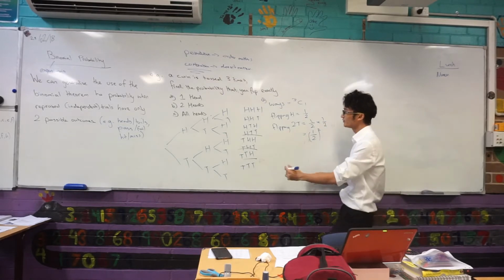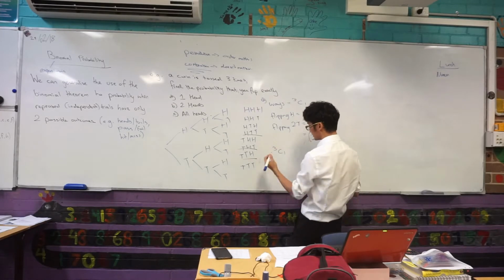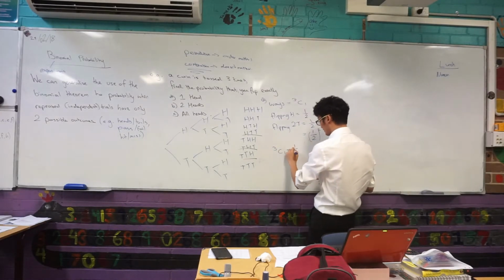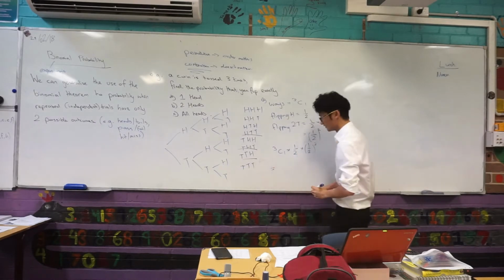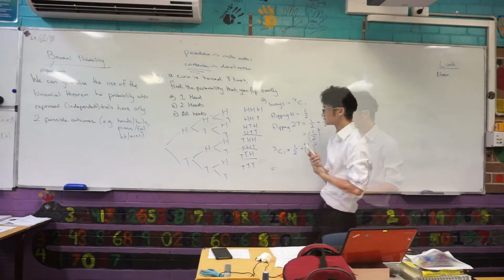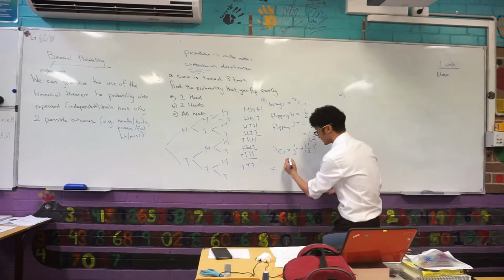I can put them all together, and to answer this question, I could write this as 3C1 multiplied by half, multiplied by half squared. You can calculate that for me now. Just double check that's right. 3 over 8. Okay, 3 over 8, and that checks out.